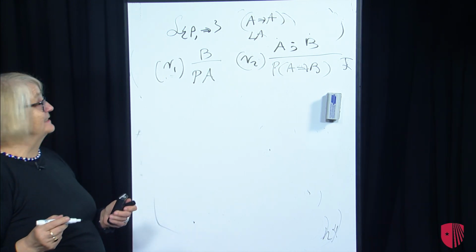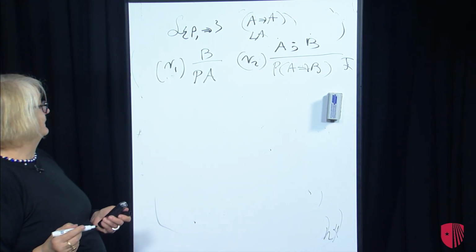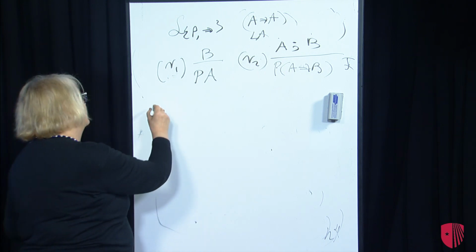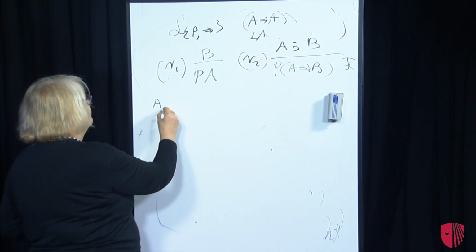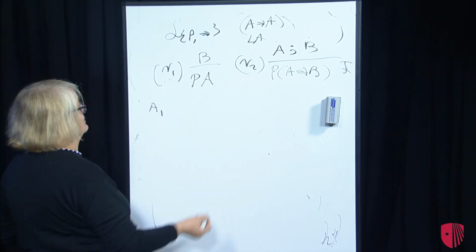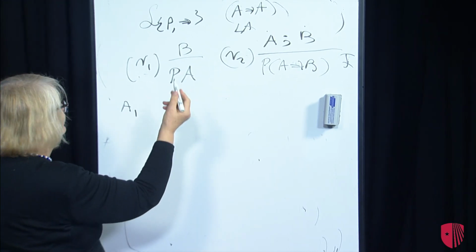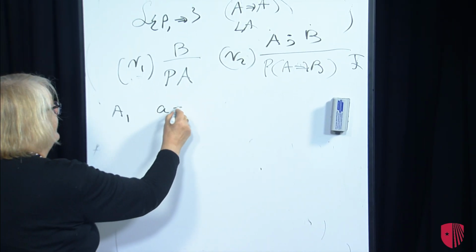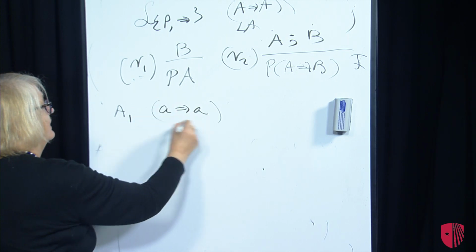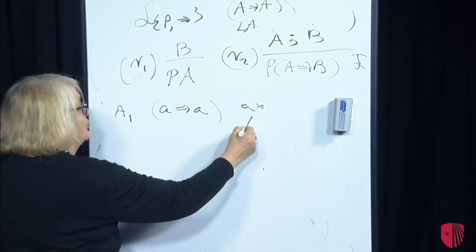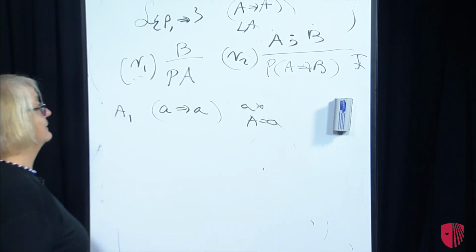So let's see a small proof. To start, I write the axiom. I like small letters. A implies A is an axiom because capital A can be a small a.